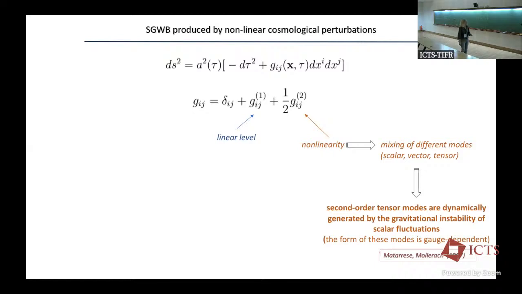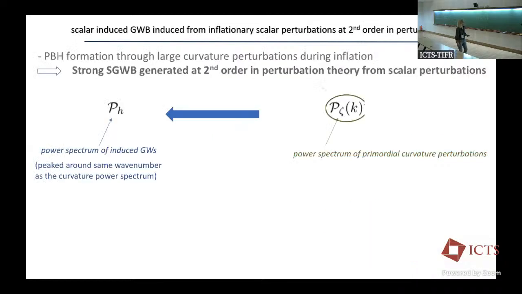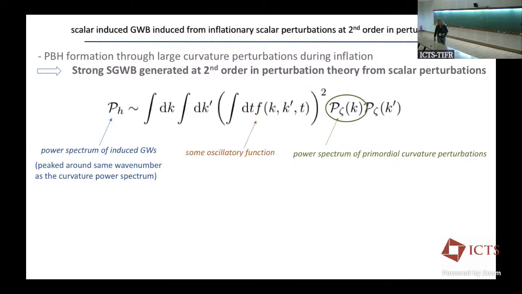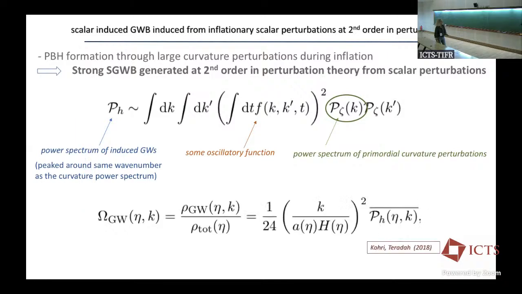Now, if I know the power spectrum of the curvature perturbations, then I can get the power spectrum of the induced gravitational waves, and by knowing that, I can find the omega GW. The relation between the two power spectra is given here. Having that, I can find the omega GW, and here it is.